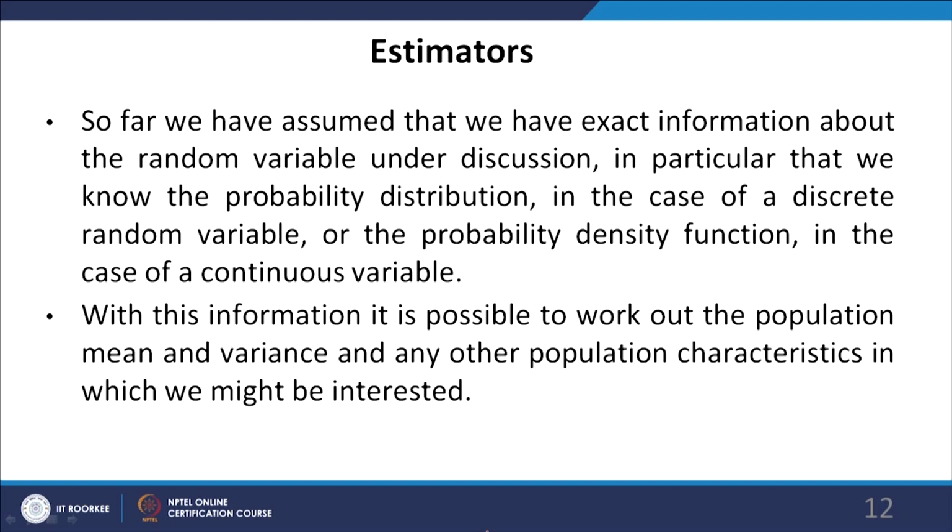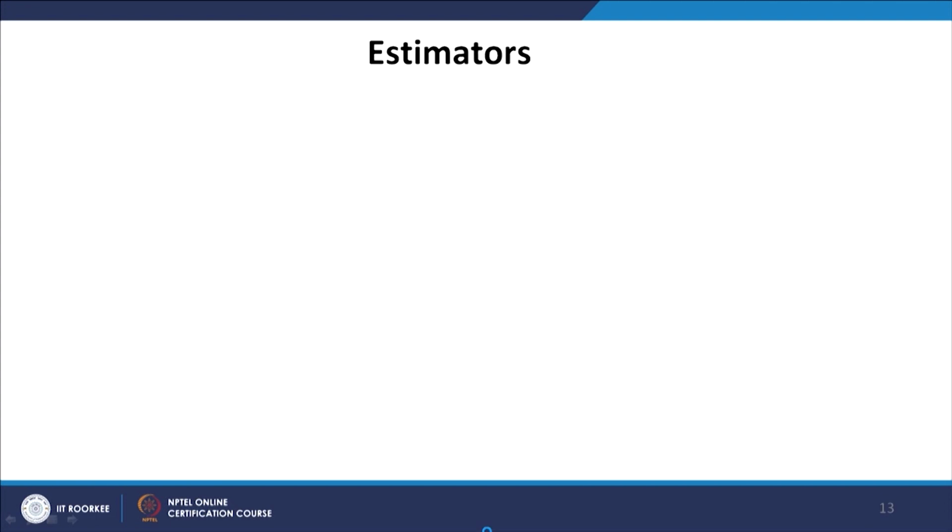So, we have so far been dealing with the population, but the problem is that most often the population is not available to us; it is not observable. For example, suppose I want to find out the impact of parental education on a child's education. For that, I may need to collect data from some number of individuals.